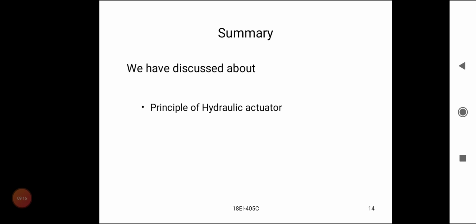Summary: we have discussed the principle of hydraulic actuator. A force F1 is applied on a small piston area, which causes pressure to be created in the incompressible hydraulic liquid.